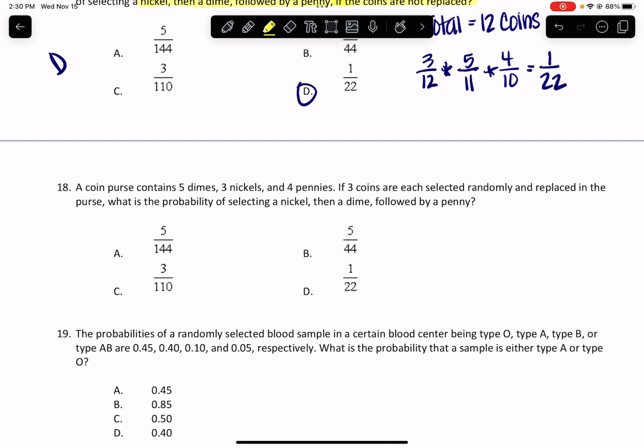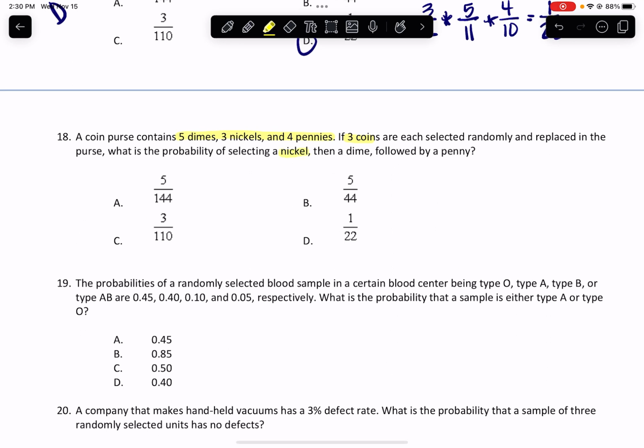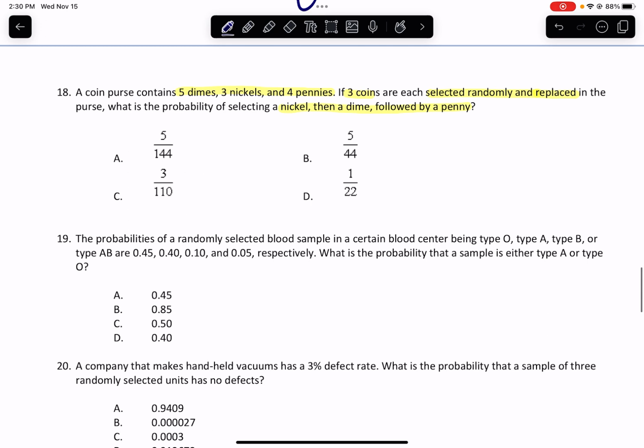Okay, same thing on 18. 3 coins. We want this probability, nickel, dime, and penny, but this time they're selected randomly and replaced. So that changes my denominator. Still have 3 out of 12 because it's the same problem as above.